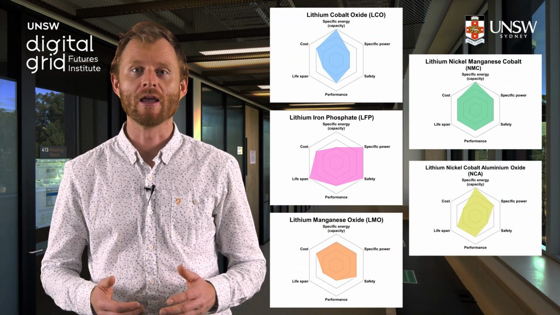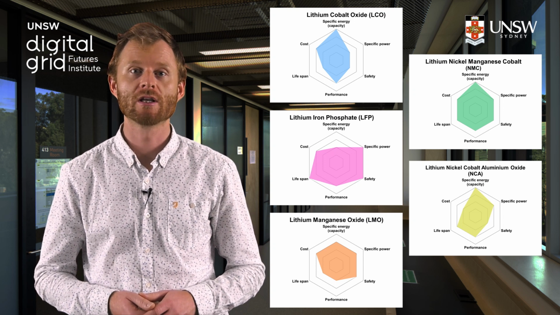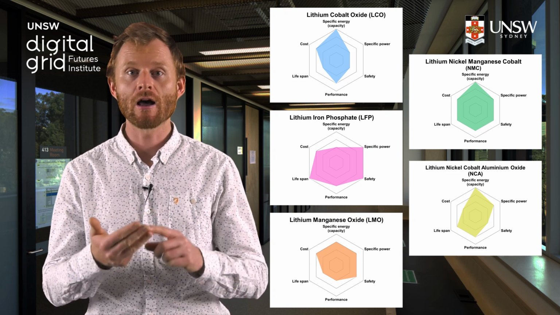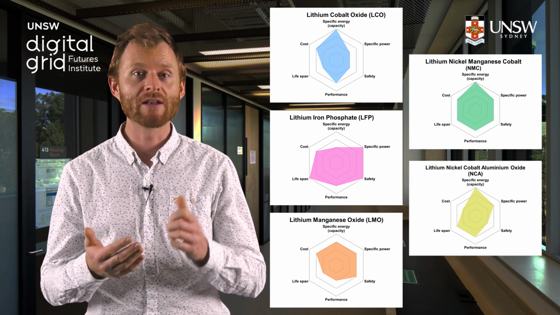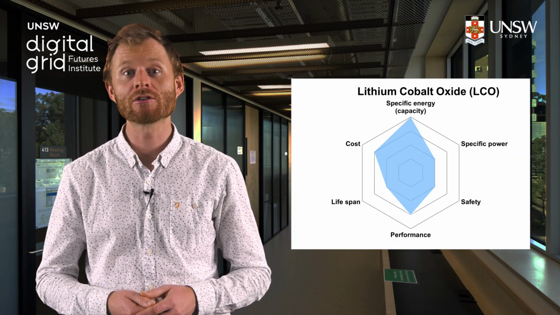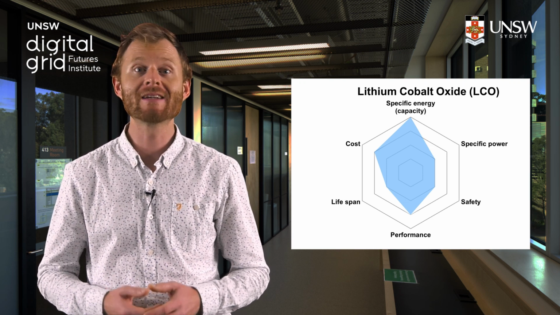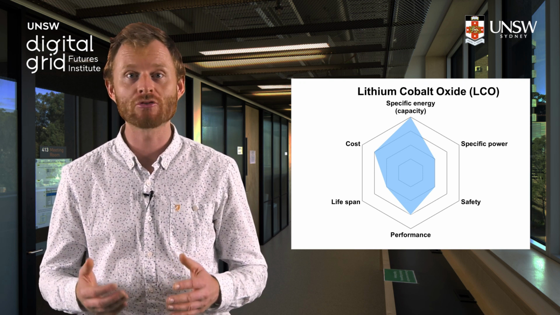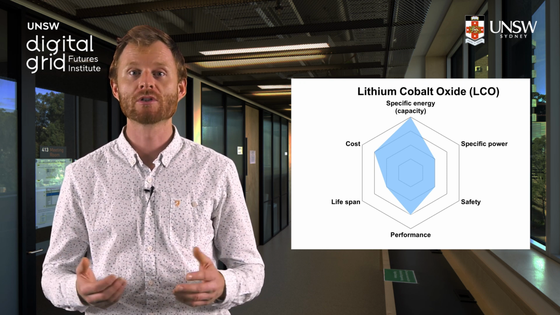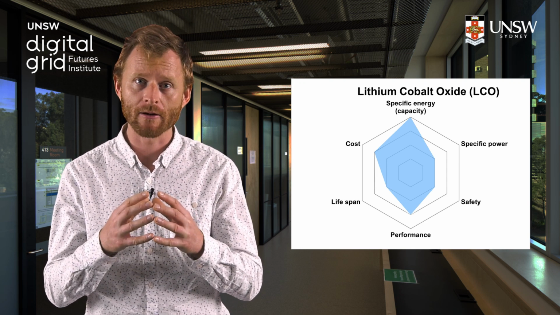This diagram here summarizes the different characteristics of different cell types based on cost, energy density, power density, lifespan, performance, and safety. With LCO, we can see that it is cost-effective and stores lots of energy in a small volume. This makes it great for small consumer electronic devices like smartphones, digital cameras, and laptops, where you need to store as much energy as possible into a small pack.